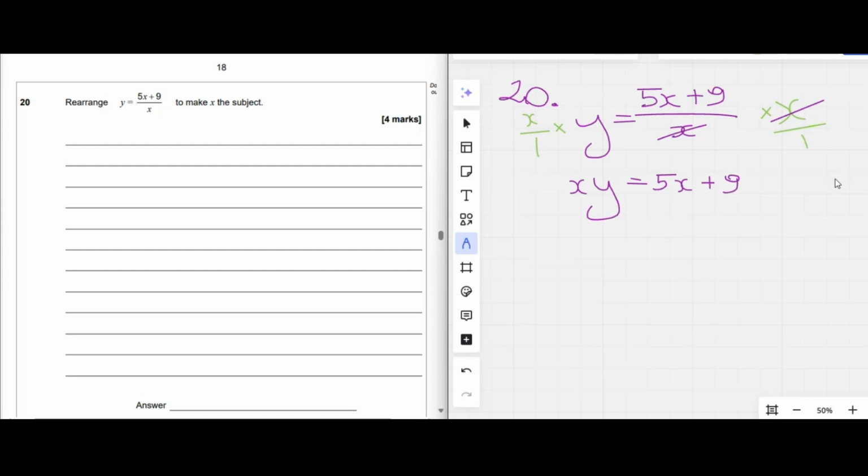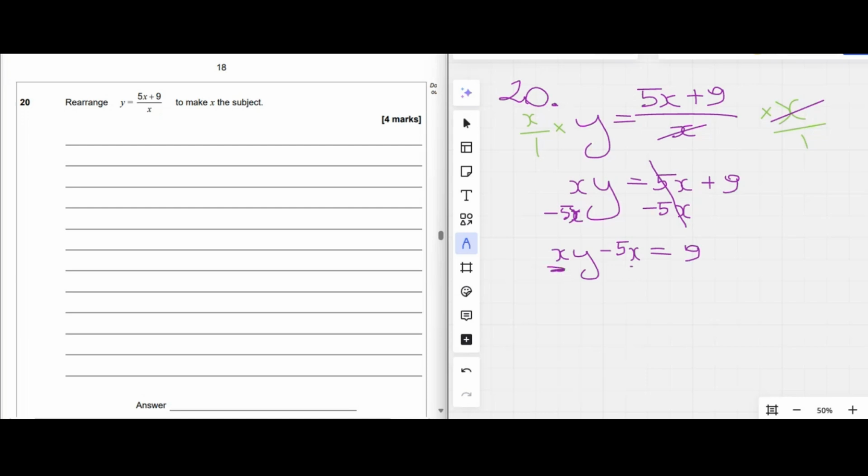Okay? Yes. Now, let's move that x from here. So deduct 5x, deduct 5x. And because there is that y sitting next to x, these are 2 different terms, so let's write them just one next to each other. 5x minus 5x will cancel, leaving just 9.